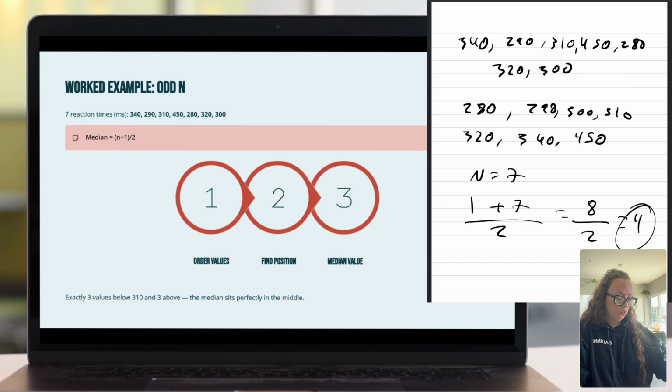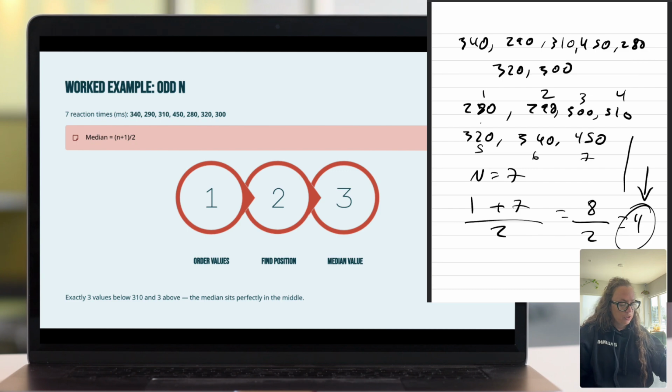So position 1 is 280, position 2 is 290, position 3 is 300, and position 4 is 310. Okay, this is the median. 320 would be position 5, 340 would be position 6, 450 would be position 7. So position 4, that's what we came up with in the formula, that's the middle of the positions.